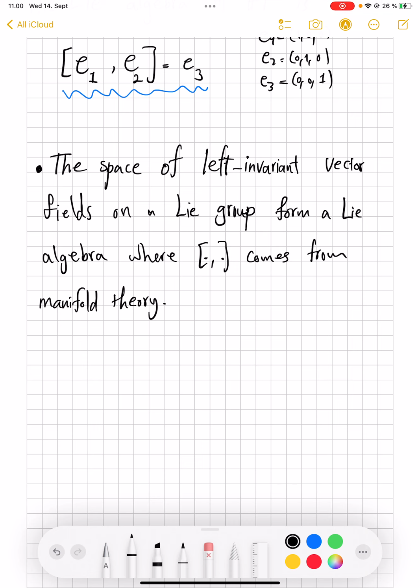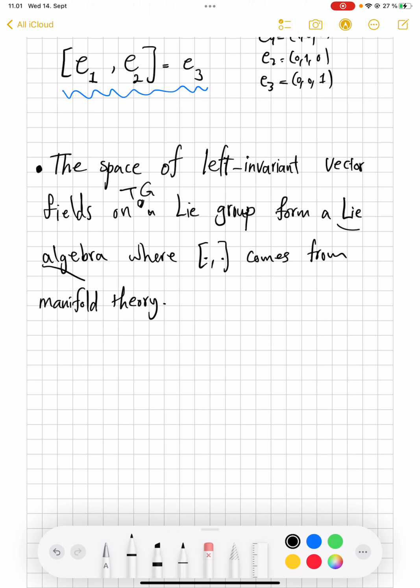One natural setting where we come across Lie algebras is whenever you have a Lie group. Then for the tangent space to it, either you can take the space of left invariant vector fields, or equivalently you can just take the tangent space to the group at the identity. We can identify these two worlds.